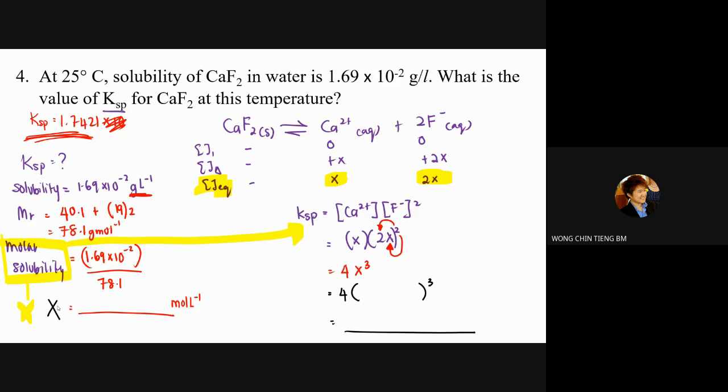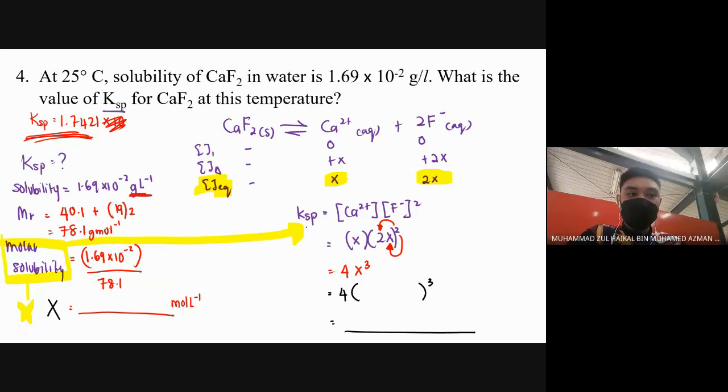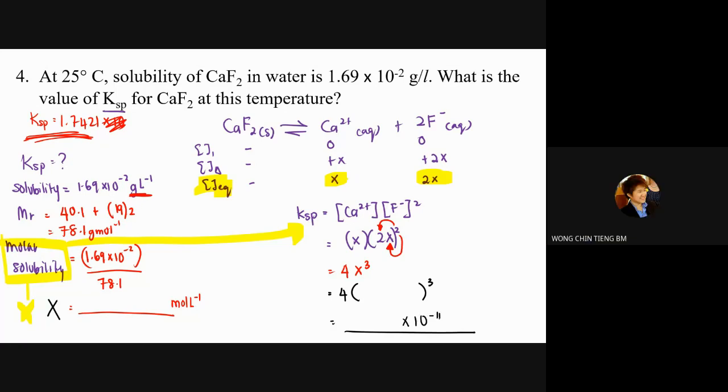Zul? 4.0529 times 10 power of negative 11. Lovely. Setuju, kelas? Aiman betul? Setuju. Good. Simple. Selesai isu 4x cube.